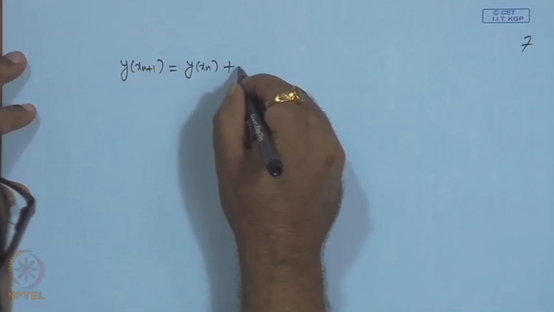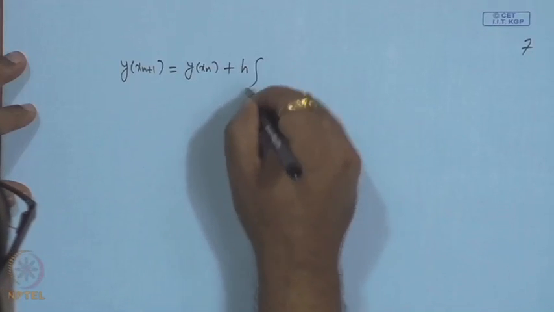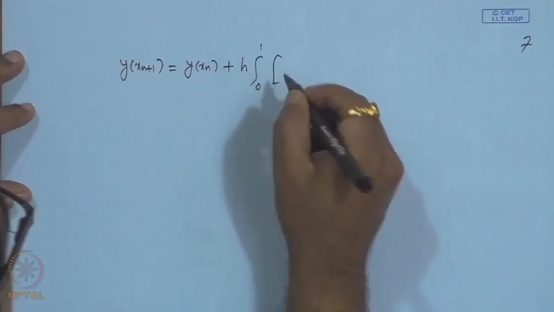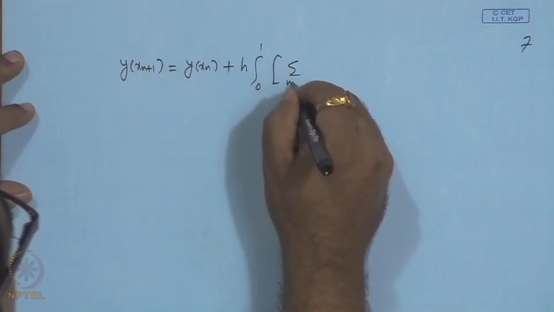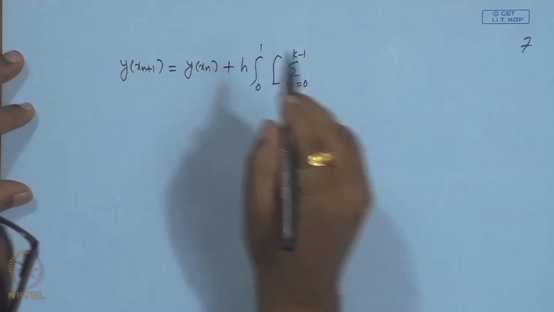Plus h, integral from 0 to 1. I will explain why this is 0 to 1.